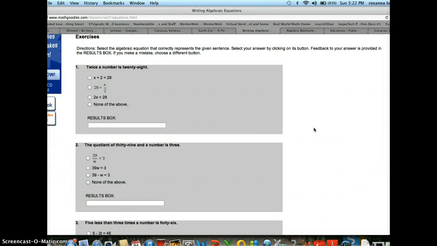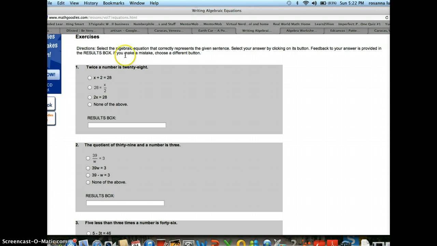Now I'm using a page in mathgoodies.com to give you more examples about writing algebraic expressions. But at this point, I'm writing an equation. And you know, when there's an equation, it has an equal symbol and a result.